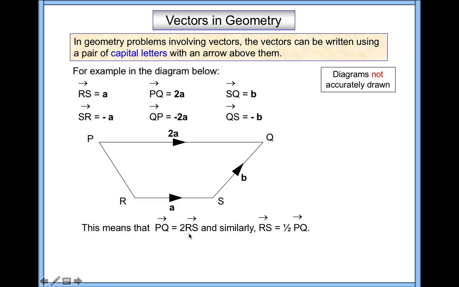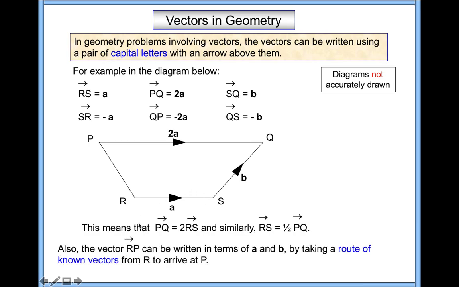You need to understand it for further solving the questions in exercise 9 and exercise 10. Okay, now vector PQ is equal to 2 times vector RS. That means vector RS is equal to half of vector PQ. That is, vector PQ is double of vector RS.